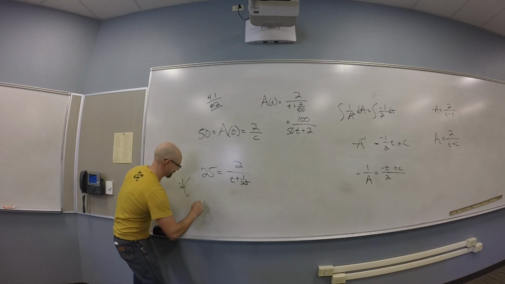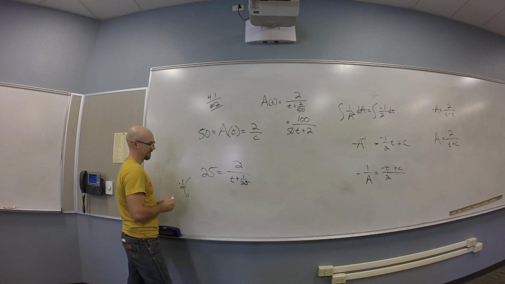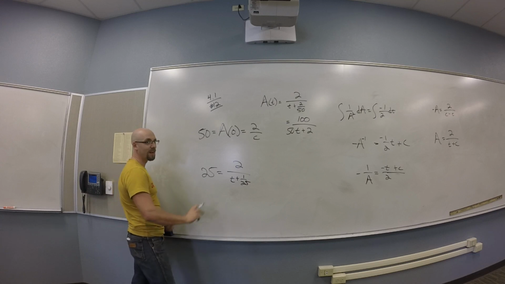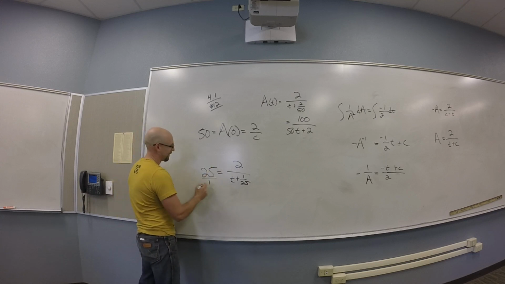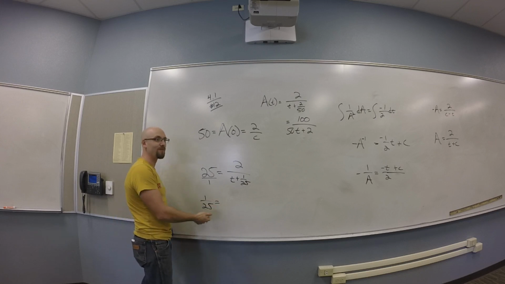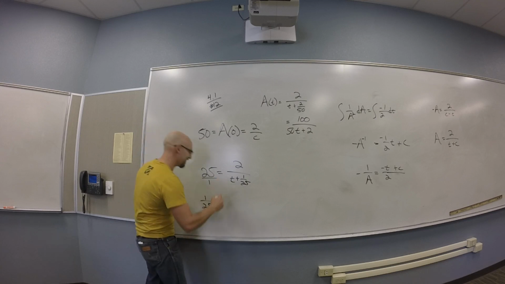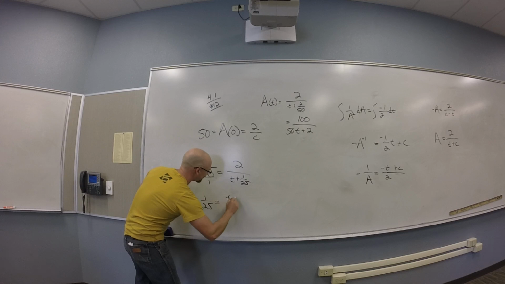You can just flip both sides. Oh, fine, you just have constants in the denominator. Okay, fine, we could just flip both sides. So we get 1 over 25, multiplying by 1 over 25 twice, is t plus 1 over 25 over 2.